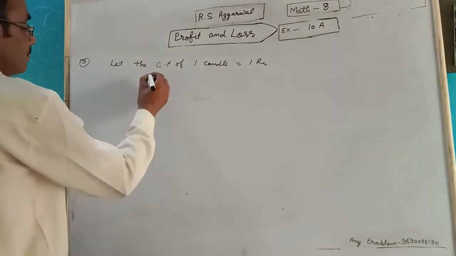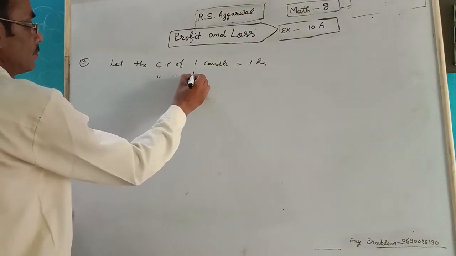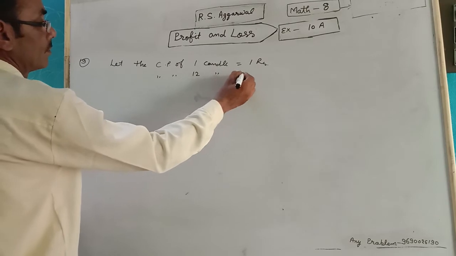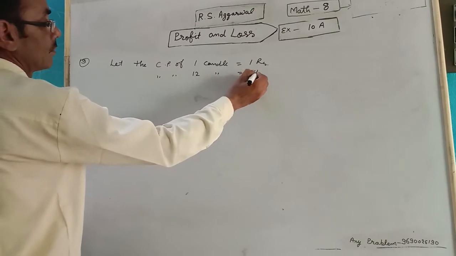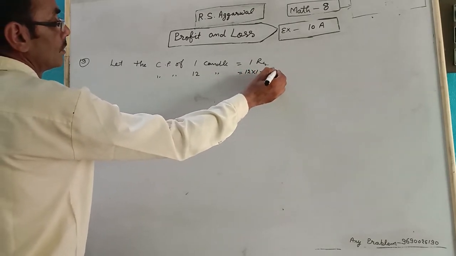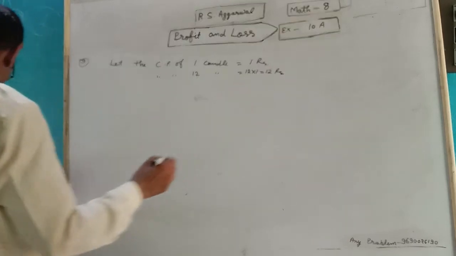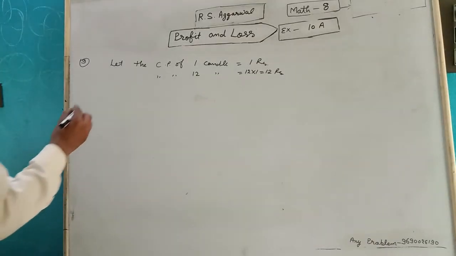Cost price of 12 candles is equal to 12 into 1, which is 12 rupees.